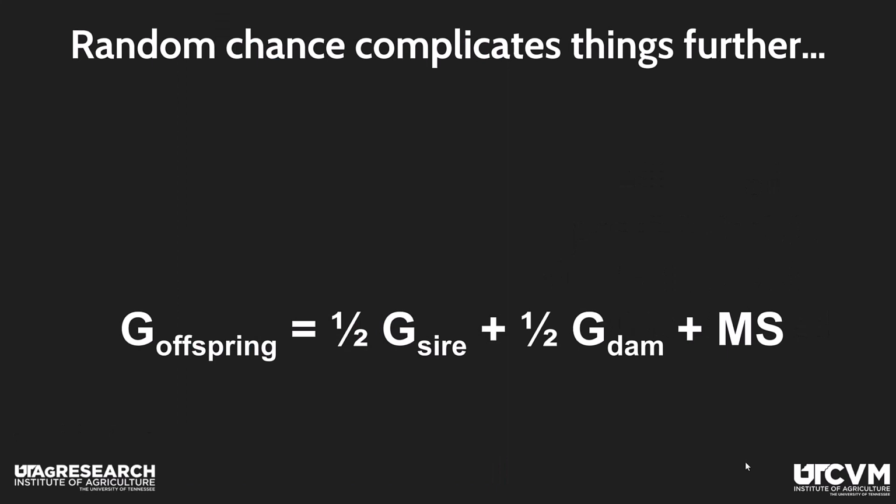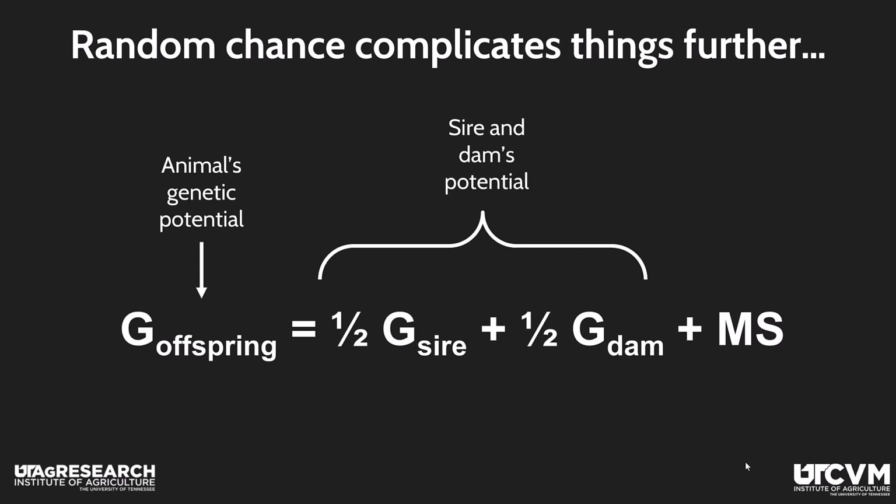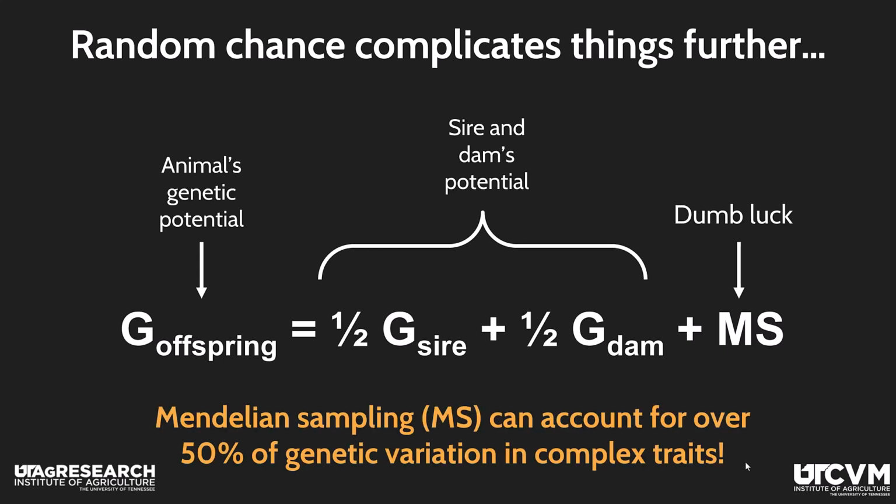The way that this works in practice, right, is that an animal's underlying genetic potential is a function of both of his parents and dumb luck, right? This dumb luck term is what we call Mendelian sampling. Again, that was mentioned earlier, but it's the random sample of genes, right? And for complex traits, that Mendelian sampling component can take up about 50% of the overall genetic variation. This is going to differ from population to population, but that number can be quite large, right?